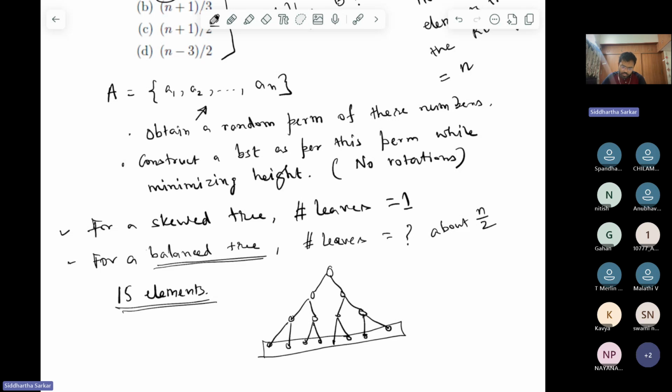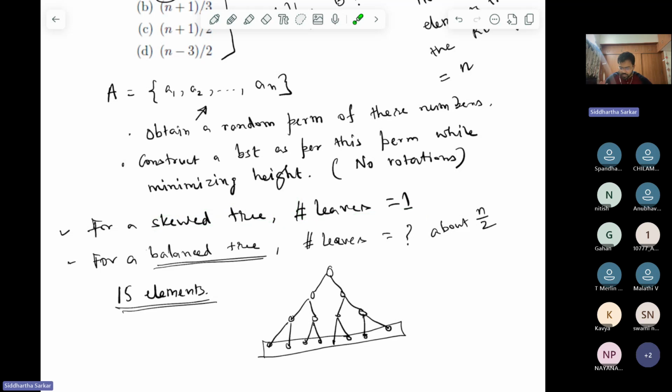So if you want to minimize height, you'll try to make a structure like this, and therefore the number of leaves is about n by 2. In a skewed situation, the number of leaves is 1.